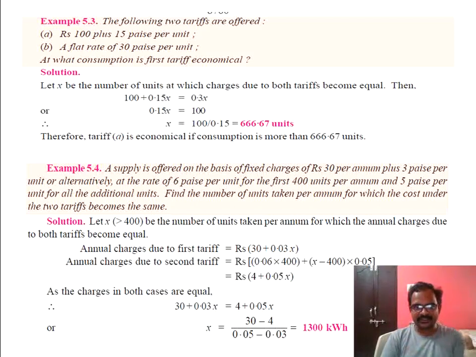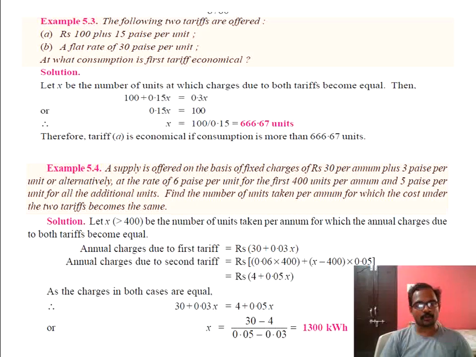So in the first case it will be 250, in the second case it will be 300. So which is economical? The first one is economical. So for more than 666 units, the second one is costly and the first one is economical. So the first tariff is economical if the consumption is more than 666.67 units. That is the conclusion for this problem.